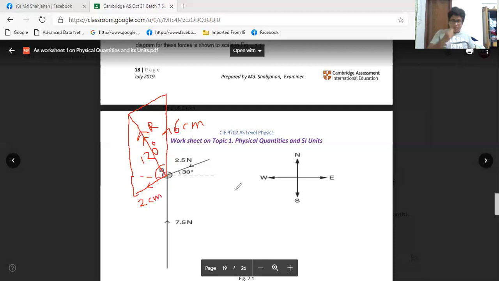And our scaling is 1 centimeter equals how much? If your 6 centimeter is 7.5 Newton, then 1 centimeter is how much? 1.25.